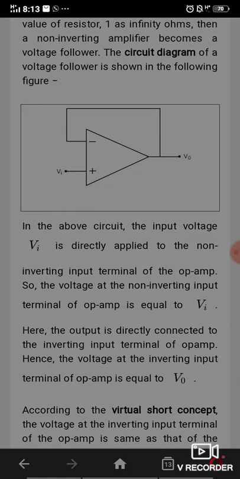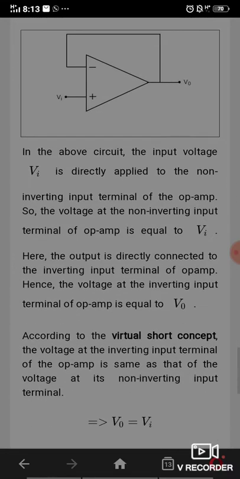In the above circuit, the input voltage Vi is directly applied to the non-inverting terminal of the op-amp. The voltage at the non-inverting input terminal of the op-amp is equal to Vi. Here, the output is directly connected to the inverting input terminal of the op-amp. Hence, the voltage at the inverting input terminal of the op-amp is equal to Vo. According to the virtual short concept, the voltage at the inverting input terminal is the same as the voltage at its non-inverting terminal.